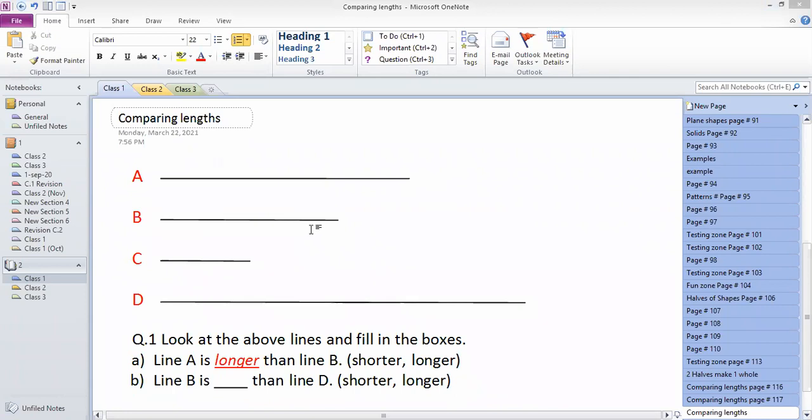Line B is not longer because line D is longer. So line B is shorter. Why shorter? Because it has less width. Look, it has more width, right? Okay. And who is next? Soleh Al Malohi.